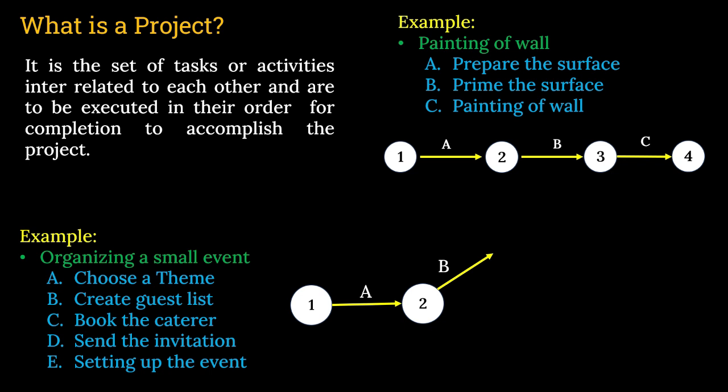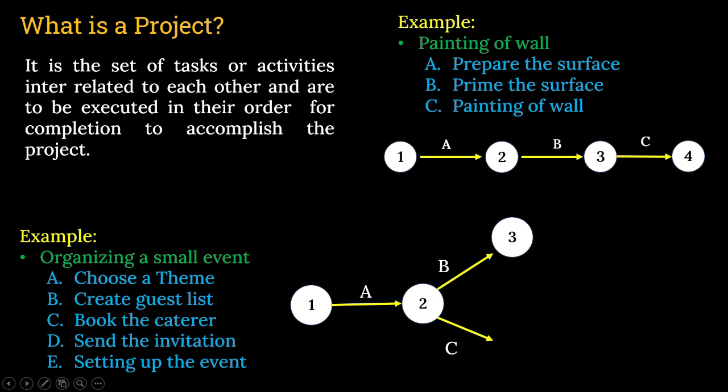One is B, to create a guest list, and at the same time we can do C as well, book the caterer. Once the guest list is finalized, you can talk to the caterer and almost finalize the task.